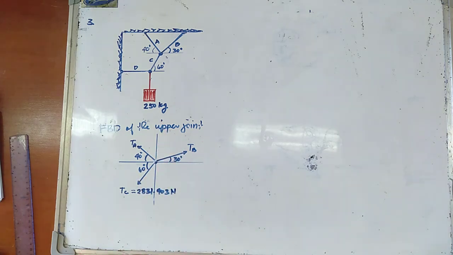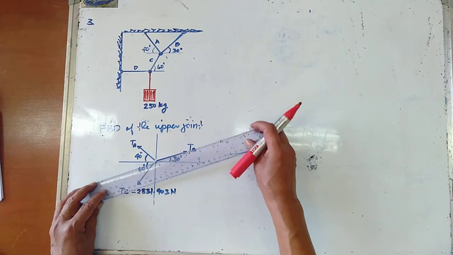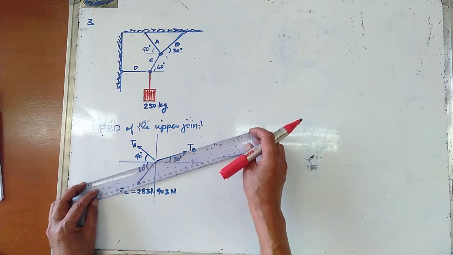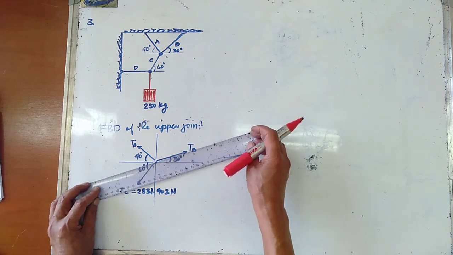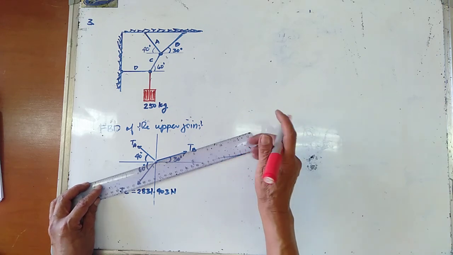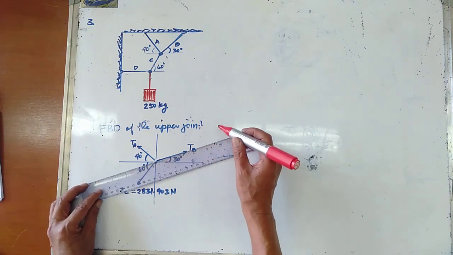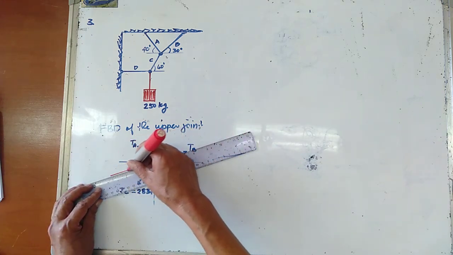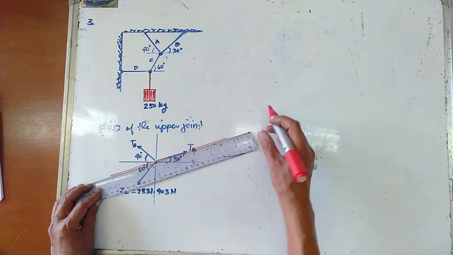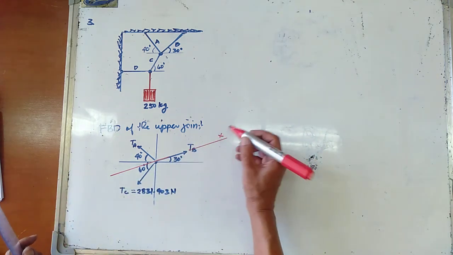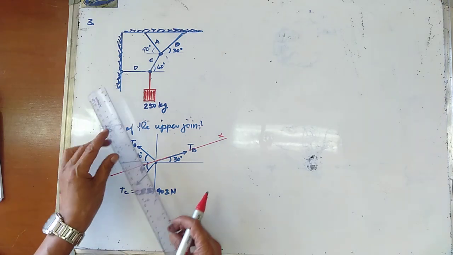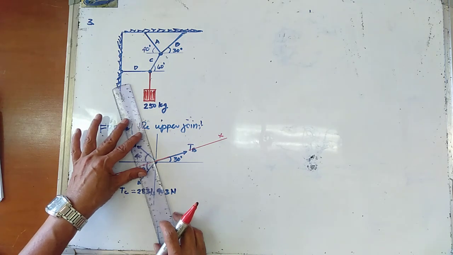I will rotate the axes such that the x-axis is along cable B. I'm going to consider this one in here as the x-axis, and perpendicular to the x-axis is the y-axis.